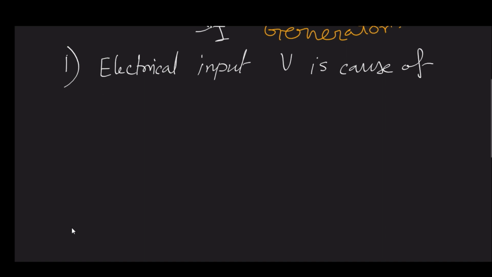So for inward direction power, we can now conclude that the electrical input V is the cause of current flowing through the armature circuit, and that is going to produce torque.